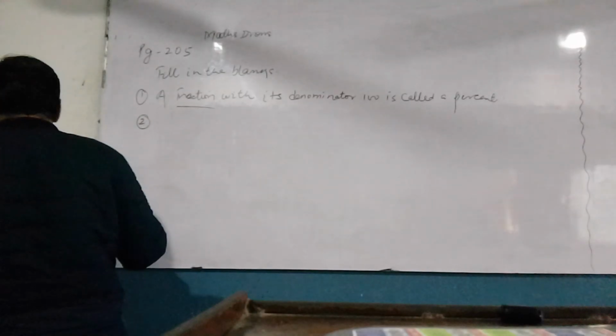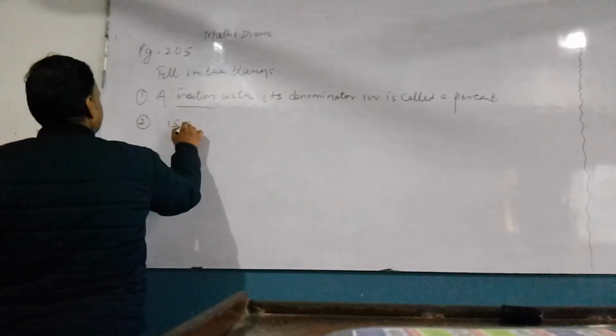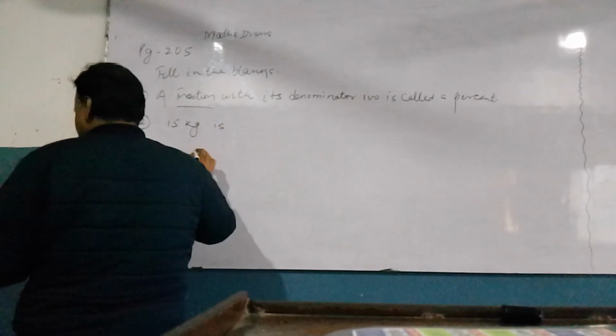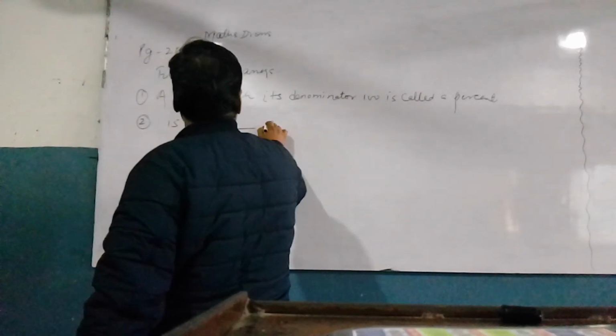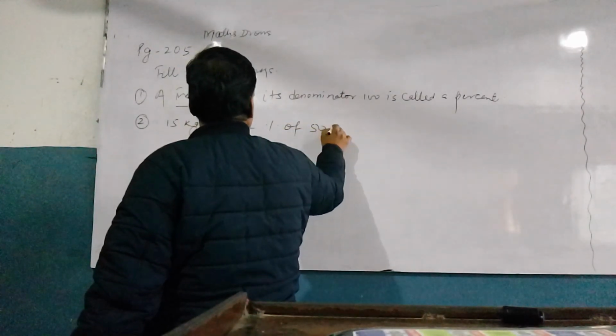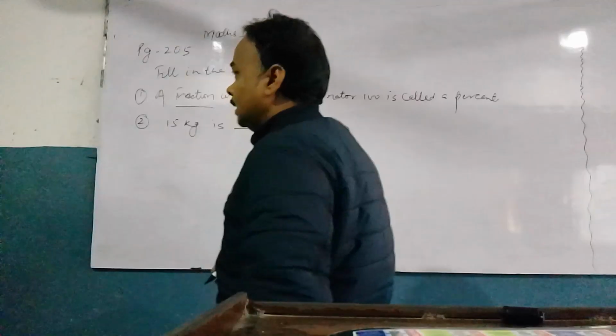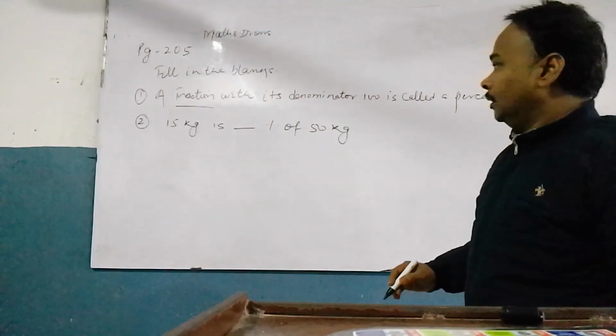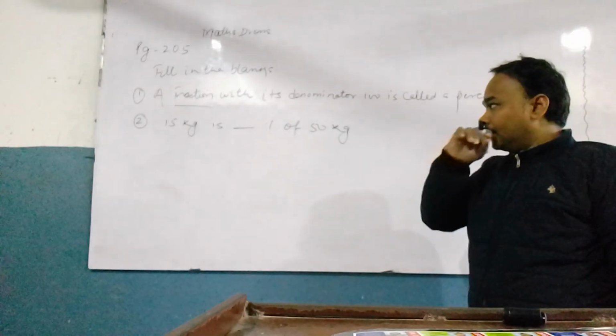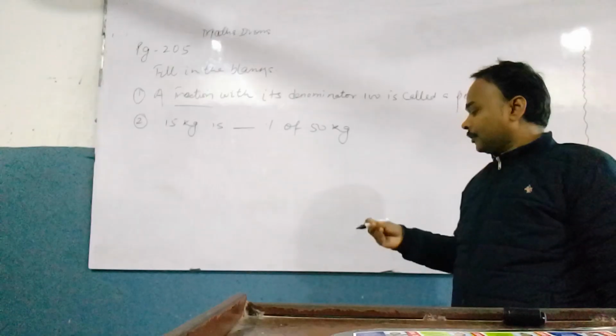Now see question number 2. 15 kg is dash percent of 50 kg. Very simple, it is 30%. 15 kg is 30% of 50 kg.